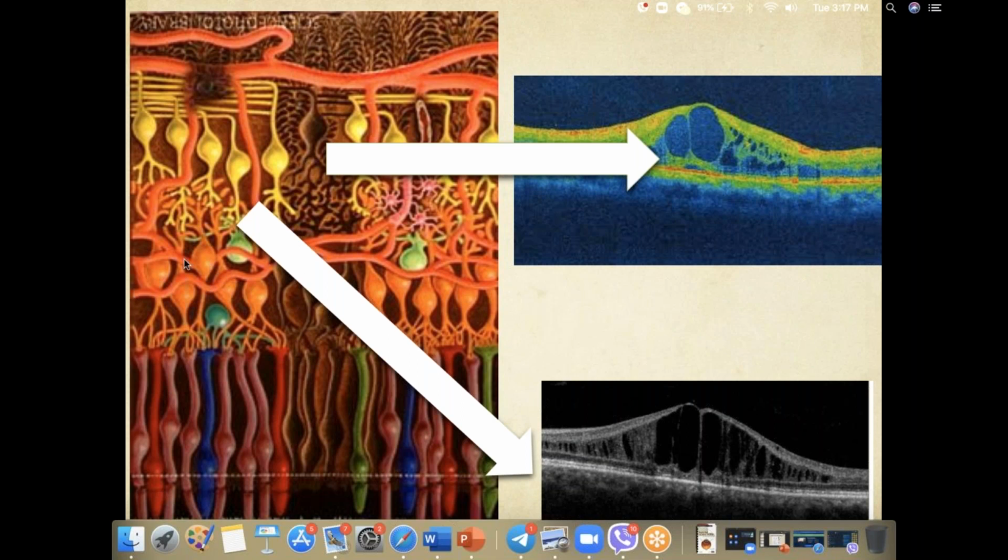The horizontal connections, horizontal cells, vertical connections, bipolar cells, and ultimately you have the ganglion cells and the nerve fiber layers. So if the pathology occurs in between the spaces of the plexiform layer, what happens?